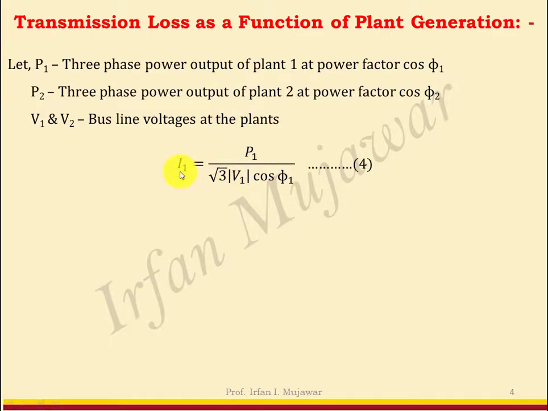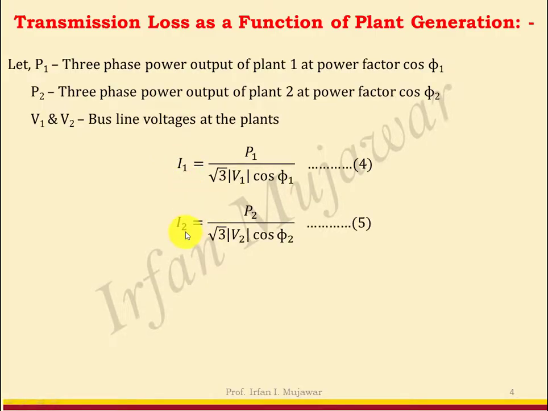So we can write I1 as P1 divided by root 3 V1 cos phi 1. Now basically we know that 3-phase active power is given by root 3 VL IL cos phi, where VL and IL are the line voltage and current respectively. So we have used that equation to rewrite the expression for current I1.